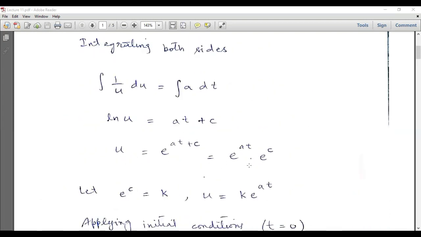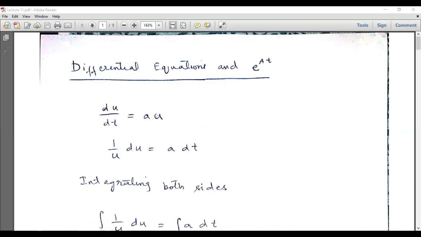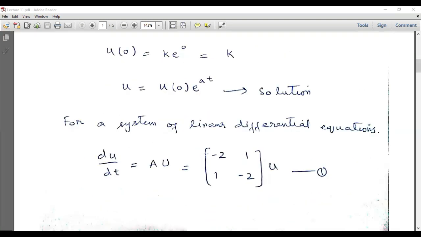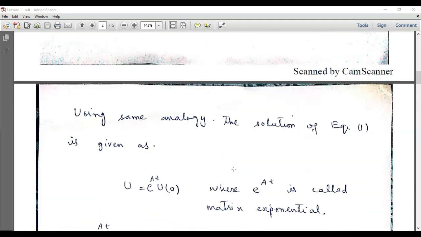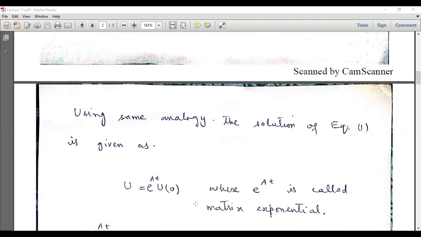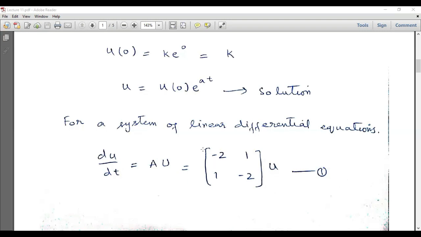So since the solution of this differential equation is u equal to u0 e raised to power at, and at was the scalar, for this differential equation, the solution will be equal to u equal to e raised to power capital At u0, right? Because here we had small a, and here we have capital A, and this capital A is equal to the matrix.